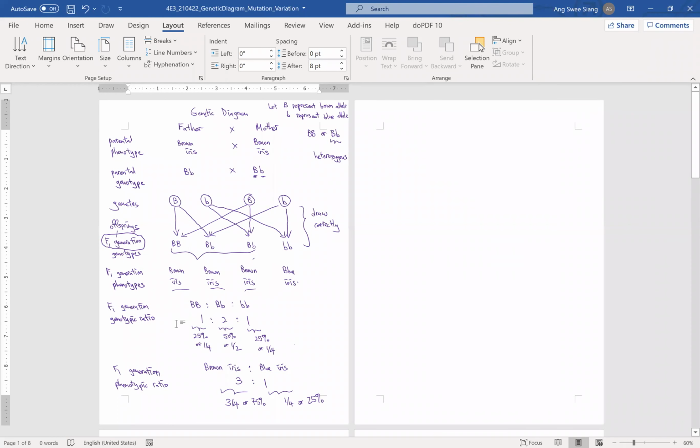But if it comes out in the essay question, you need to be able to draw this genetic diagram. This is the format that I want you to follow. There are seven or eight rows, if I did not remember wrongly.